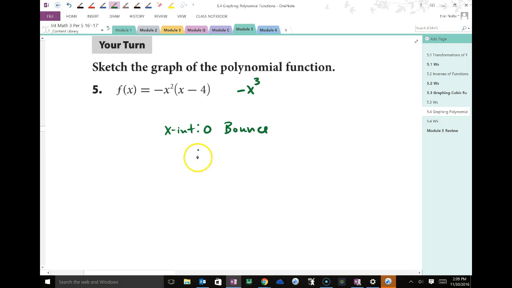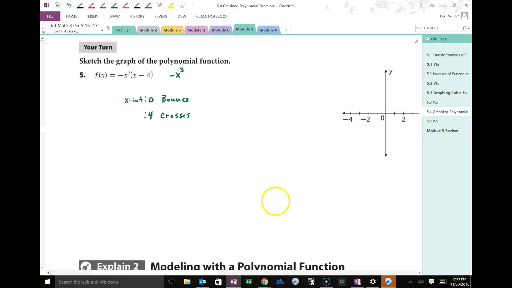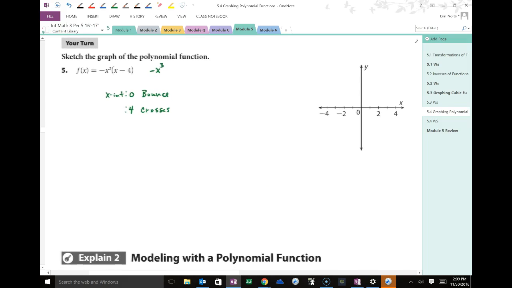So it also crosses at 4. Does it cross or bounce? It's a positive. Well, it's an invisible 1. There's one of those quantities.